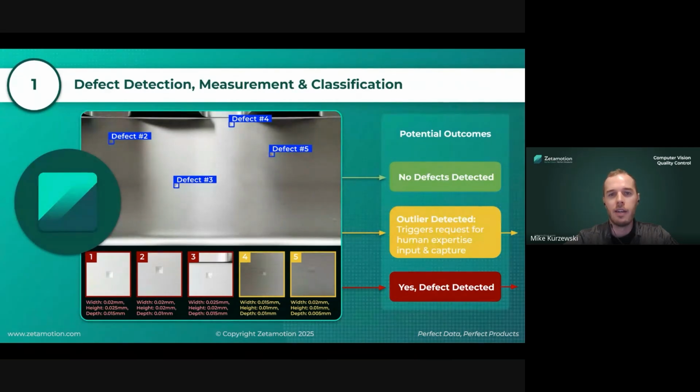And then there's a few different outcomes that can come from a detection result. So your product might have no defects, in which case it's a pass. There might be a known defect detected, in which case the result is output. And in some cases, there might be an outlier detected.